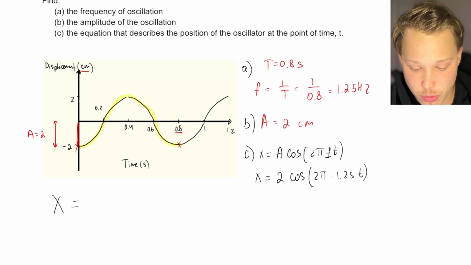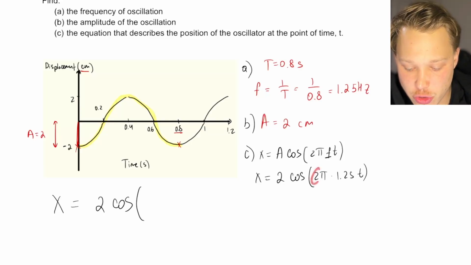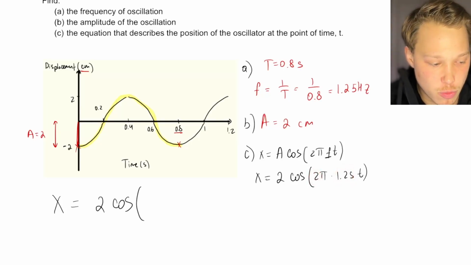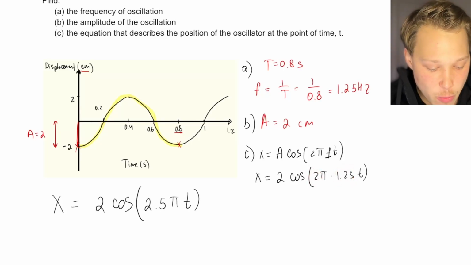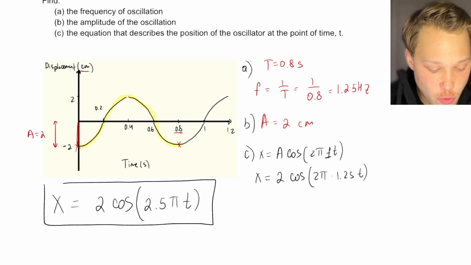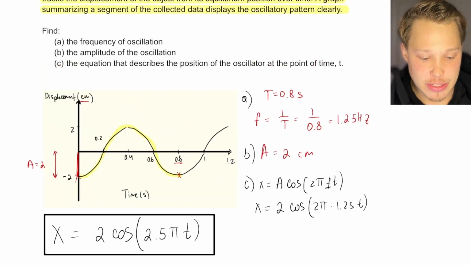So x is equal to 2 cosine. Let me simplify this a little bit to multiply 2 times 1.25, which is going to be equal to 2.5 pi times t. And we have here our final equation for the position of the particle at time t. Fantastic.